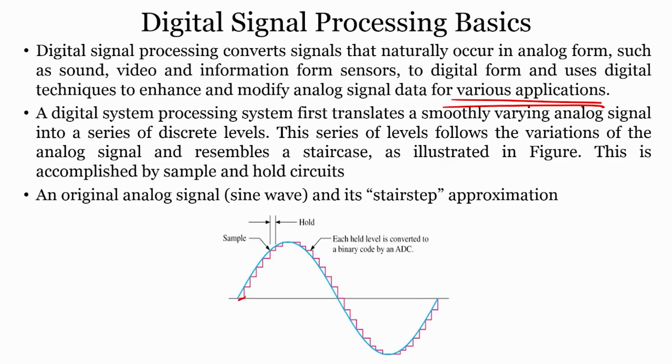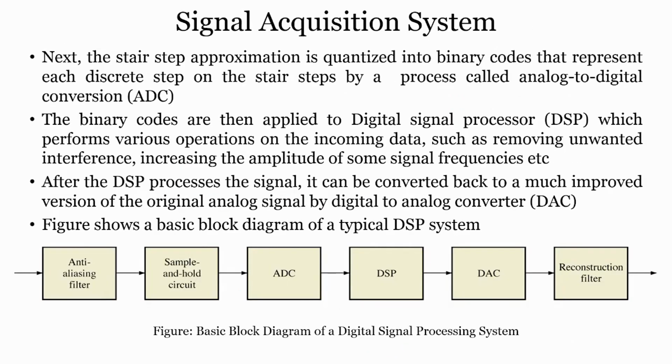You can see here it looks like a staircase. Now, to use this, we can use a sample and hold circuit, which we will see at some point in ADC, and this is accomplished by using sample and hold circuits, which is also written over here. An original analog signal which is a sine wave and its step approximation is shown.